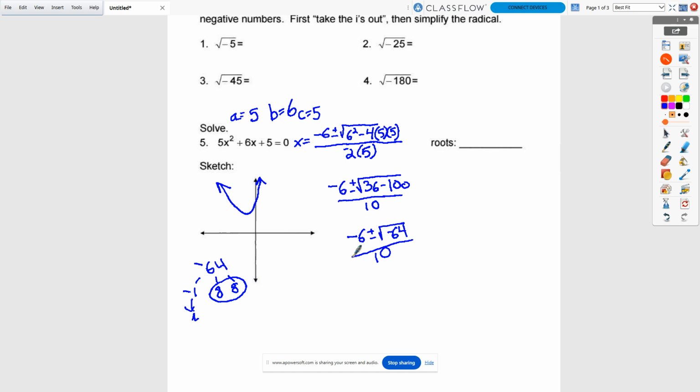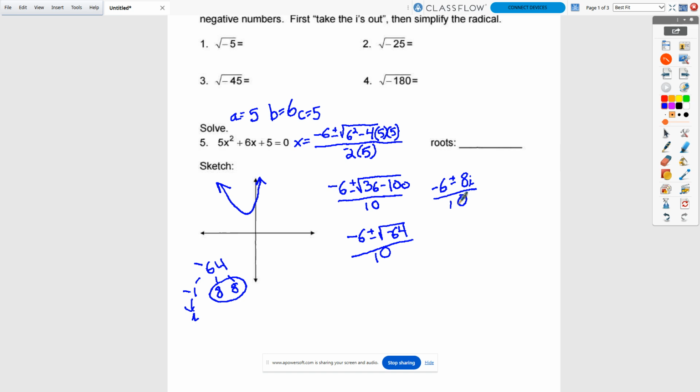So I've got negative 6 plus or minus 8i over 10. And we could simplify that a little bit.